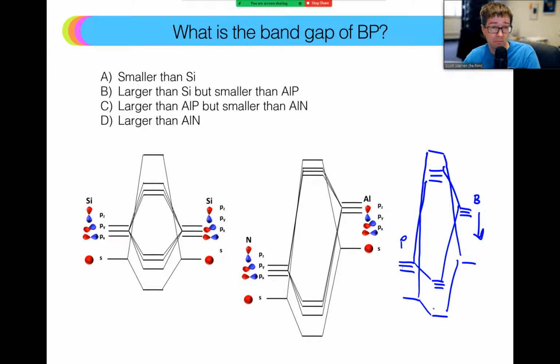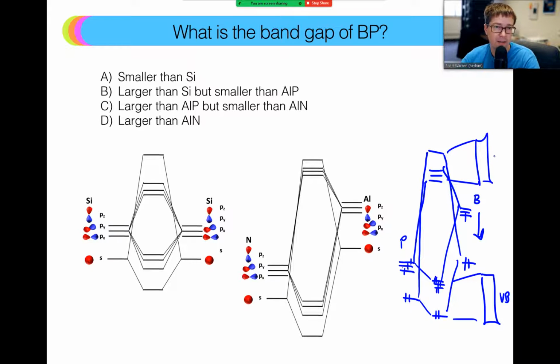Boron, like aluminum, has 3 valence electrons. So putting those in, 1, 2, 3, 4, 5, and so we have 8 valence electrons total. This is completely filled. The bonding states are completely filled. And that gives rise, again, to our valence band, which is completely filled, and, of course, our conduction band, which is completely empty.